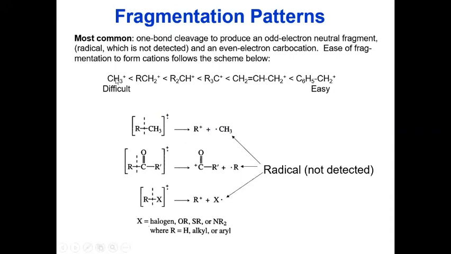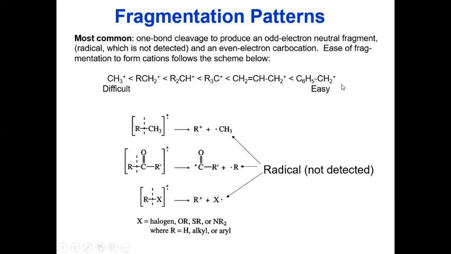Here we can see the fragmentation of a methyl group, or of molecules having different primary, secondary, and tertiary carbons. The fragmentation of a methyl is very difficult. A molecule having a tertiary carbon will ionize more easily compared to a secondary one.